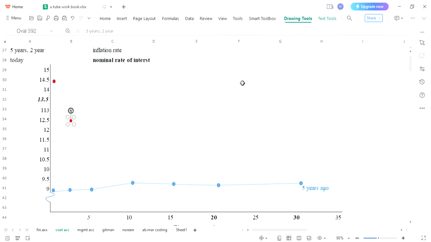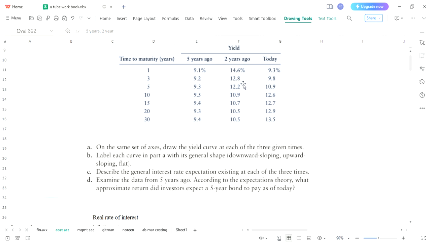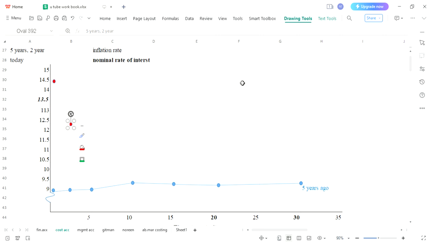12.8. This is 12.5, and 12.5 would be 12 point, where we want to go, 12.8. So 12.8 would be a little above.